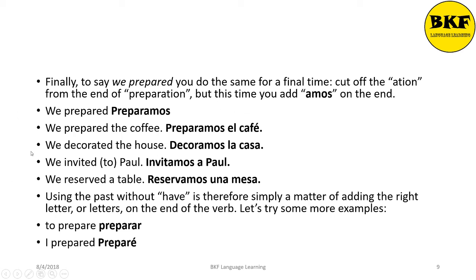Similarly, if I want to say we decorated the house, I'm going to say decoramos la casa. The next sentence, we invited Paul, it will be invitamos a Paul. We reserved a table, reservamos una mesa. So using the past without have is simply a matter of adding the right suffix. So let's try some more examples. To prepare is preparar. So I prepared is preparé.